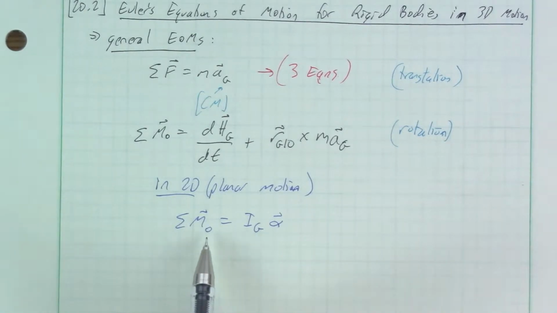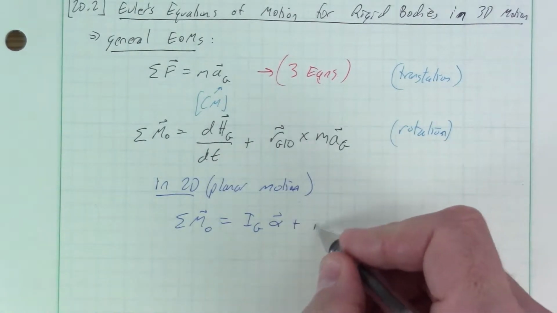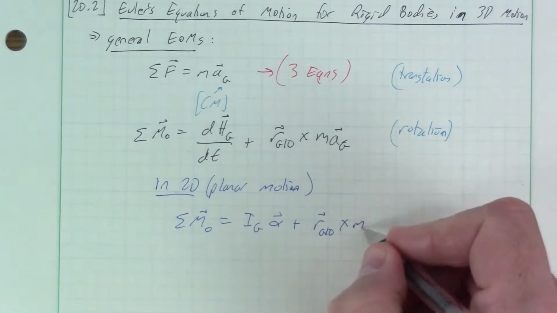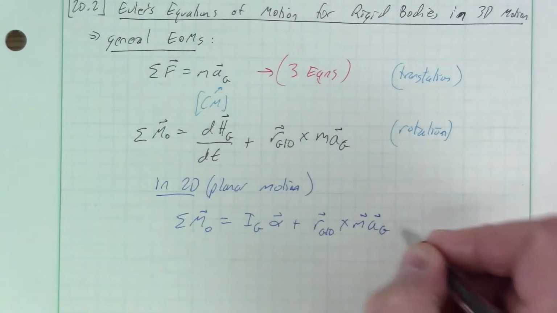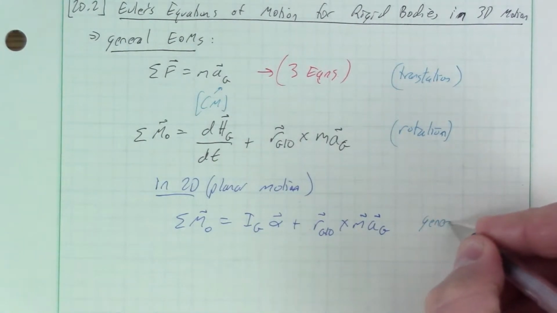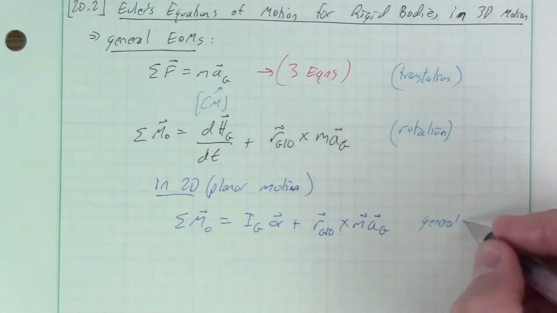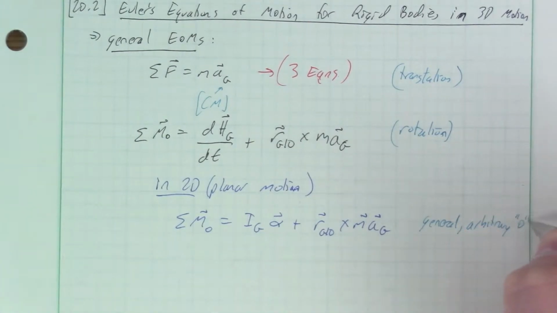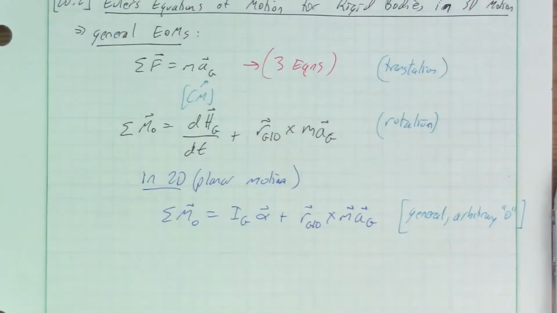So it's moments about the object, moment of inertia about the center of mass, and so since there is a relative motion between those two, we have this added term. Okay, so this is general for 2D planar motion at an arbitrary point, for an arbitrary analysis about point O.